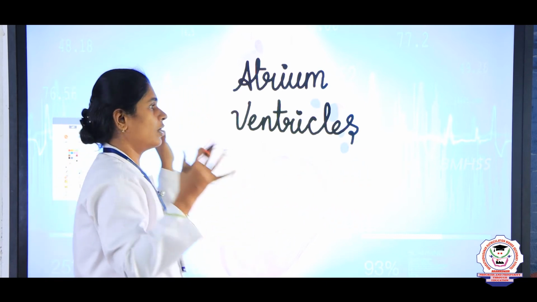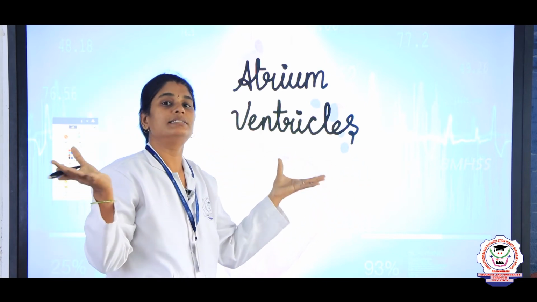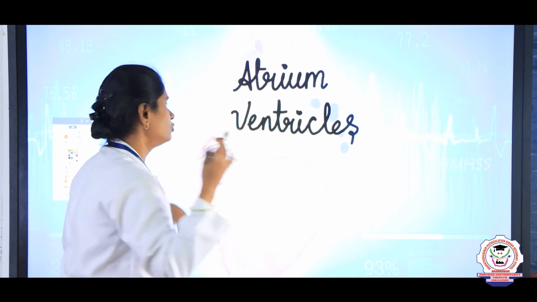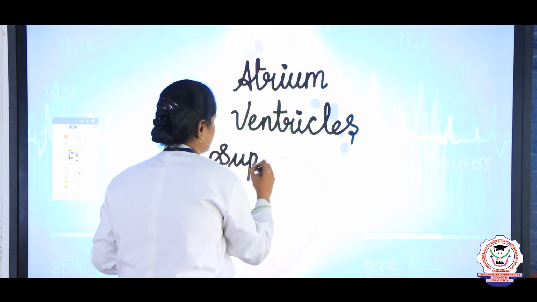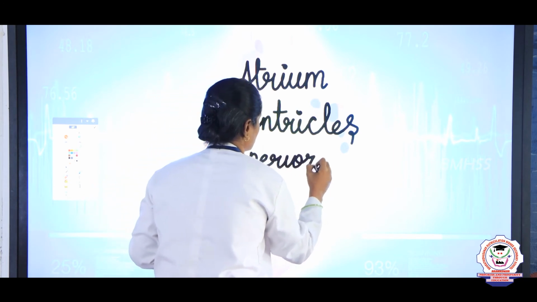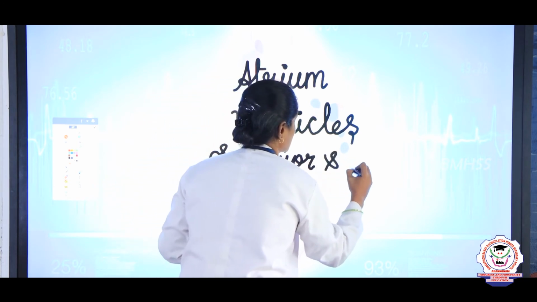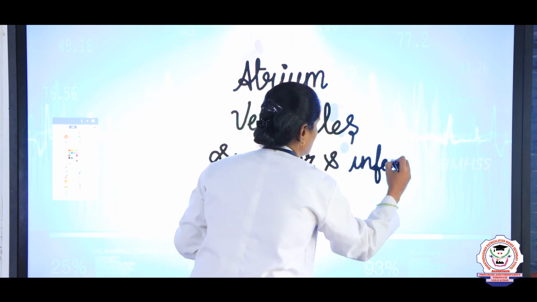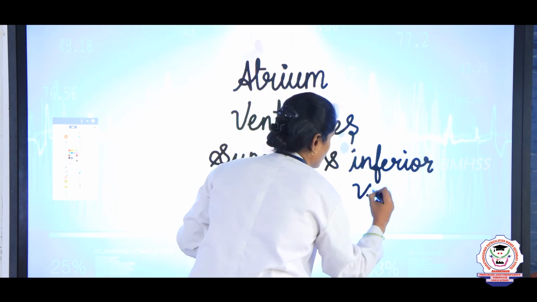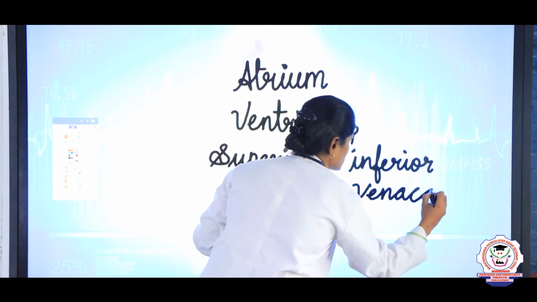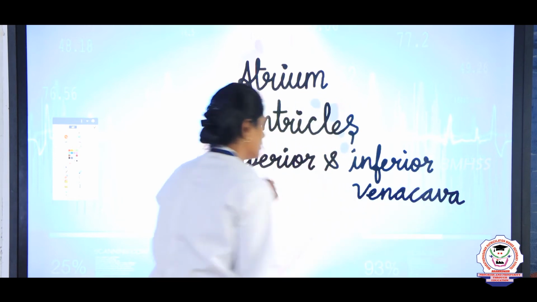And all the deoxygenated blood is carried into the heart through the superior and inferior vena cava, right.